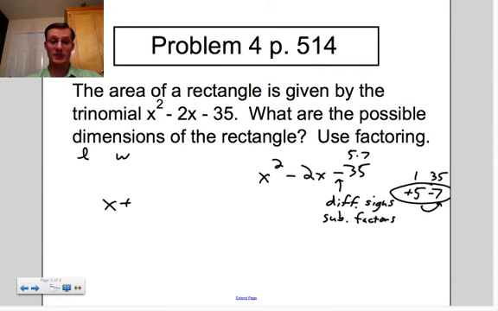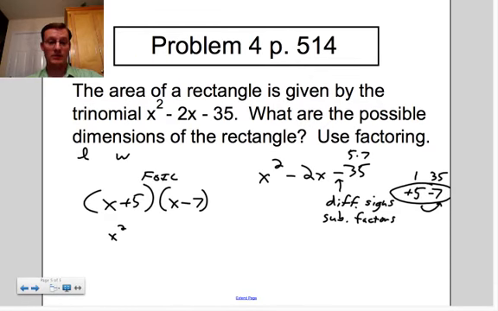So we're going to say x plus 5 and x minus 7. I think that's my answer. Let's double check. FOIL, x squared minus 7x plus 5x minus 35. Negative 7 plus 5 is negative 2. And you notice this is correct.